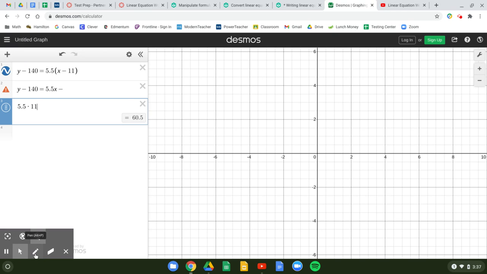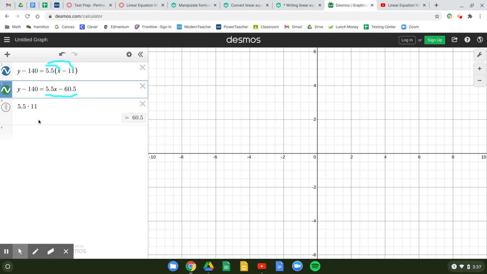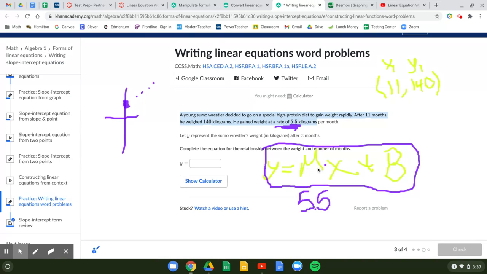If I distribute there and there, then I get this part here. And that is a 60.5. So I just use the calculator feature here to do that distribution, and then I can cancel it off. Because I now, to get the slope-intercept form, y equals slope x plus b, I just have to get y by itself here.